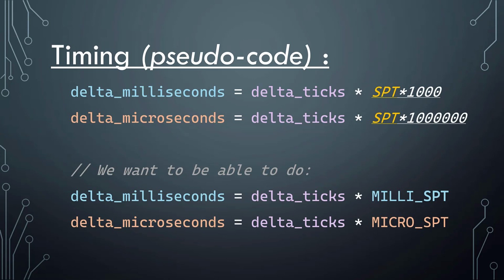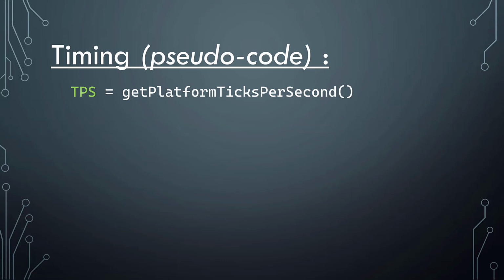And we want to do it in a cross-platform way. Whatever measures we're getting, as long as we take the ticks from the same platform as we're getting the milli SPT and micro SPT from, this is going to work and get us delta milliseconds and delta microseconds. So this is how we're going to do it.